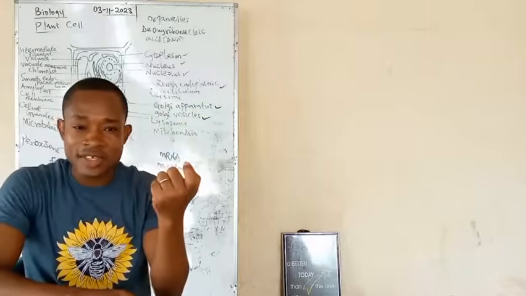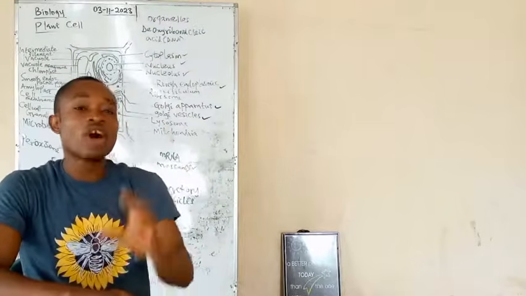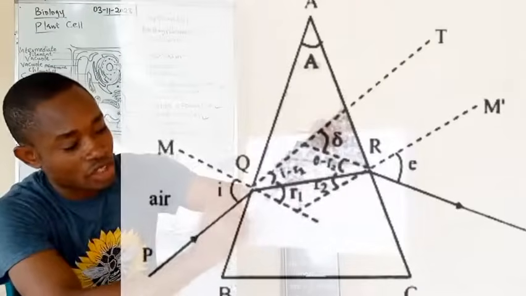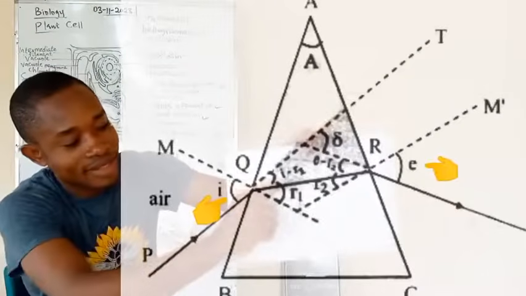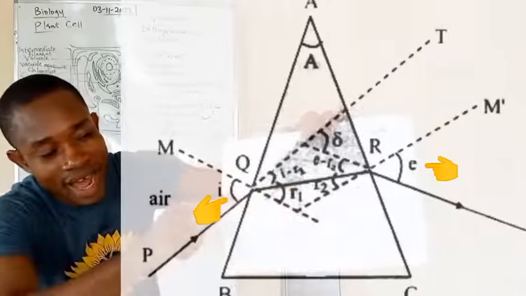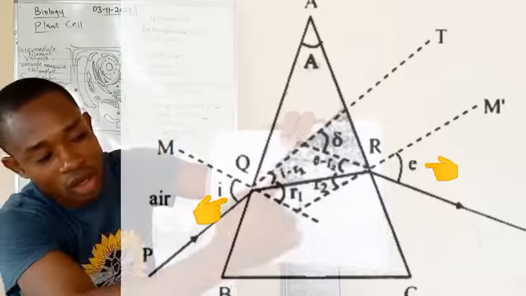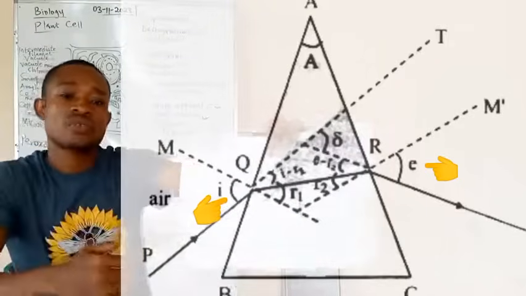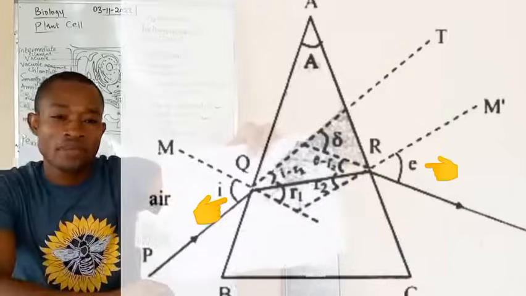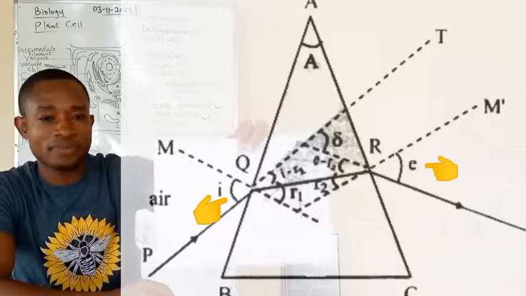The angle of incidence must be equal to the angle of emergence. That is to say, the angle at which the incident ray met face AB must be equal to the angle of emergence. That is one condition for minimum deviation to occur through a triangular prism.